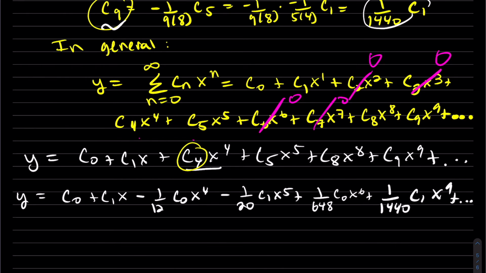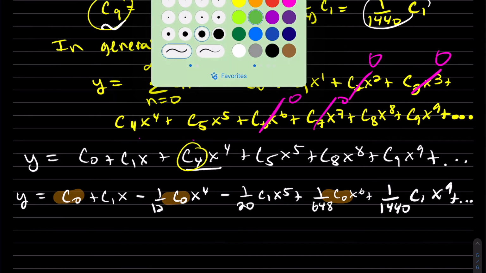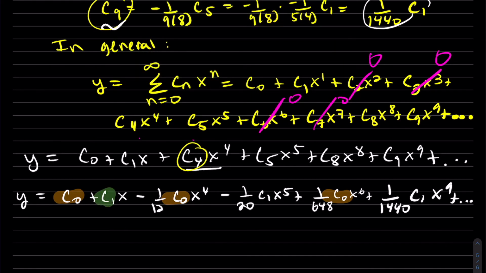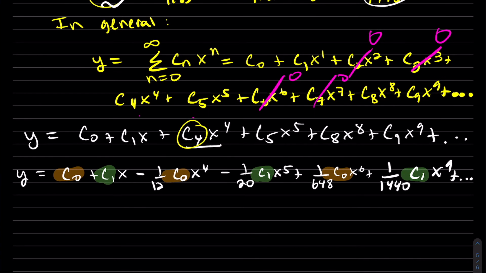So now I want you to notice they're alternating with C naughts and C1s. So this is the general solution. But remember, we need two series solutions.